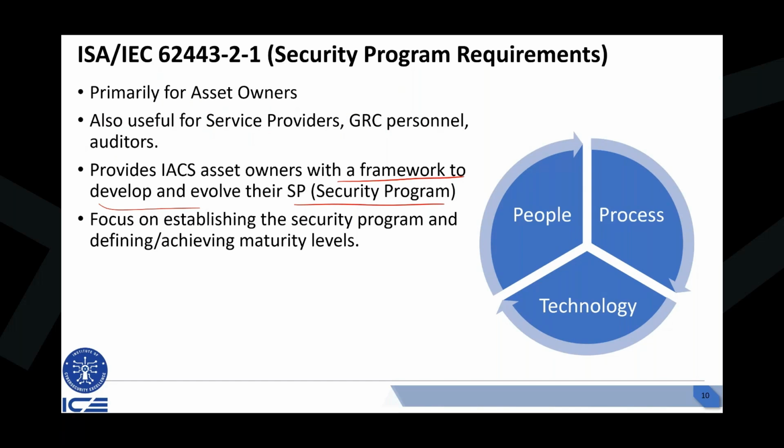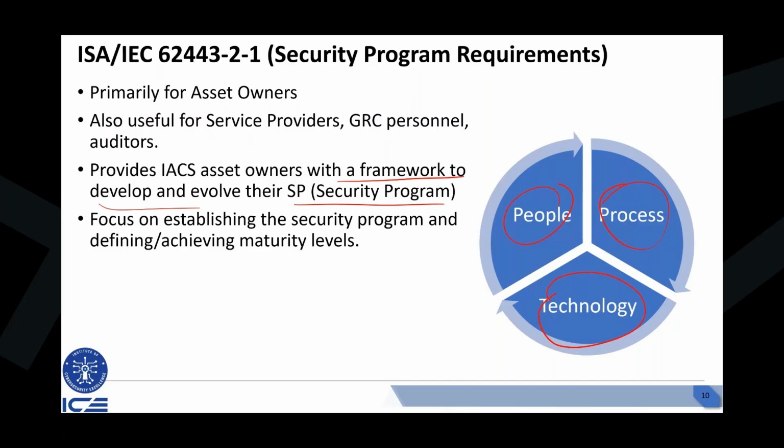It needs to be designed and implemented, yes, but it needs to be maintained. And if you don't have an effective program on how you will maintain the maturity of your security, how you will cover the people, process, and technology aspects of cybersecurity, then your security maturity will be questionable, in my opinion.